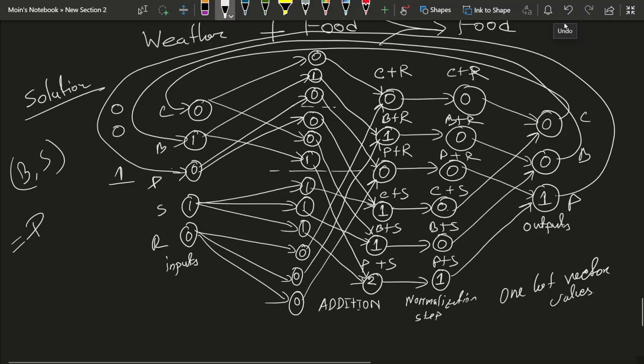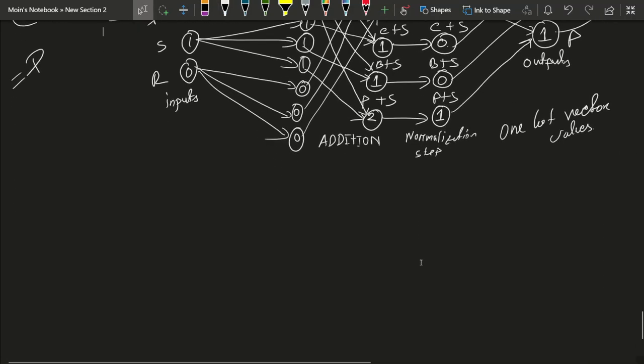And we can add any more variables, like considering friends plus weather plus food, and also different parameters to make the problem more complex and more oriented, right?